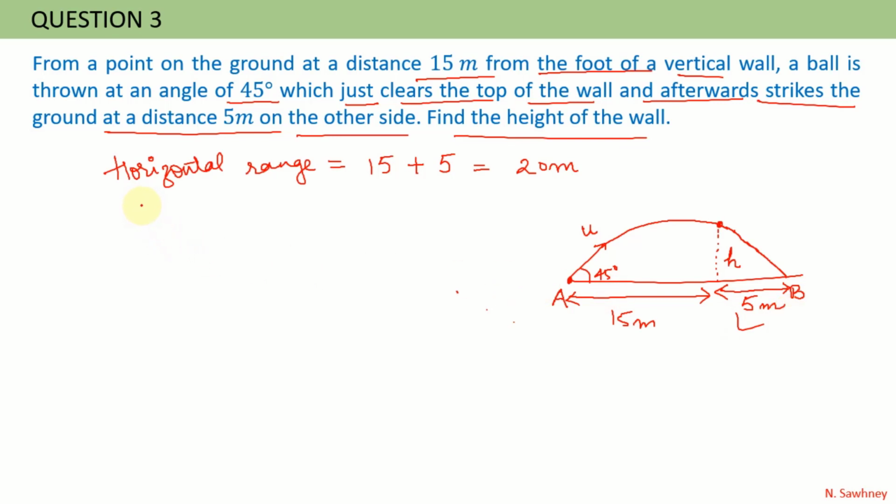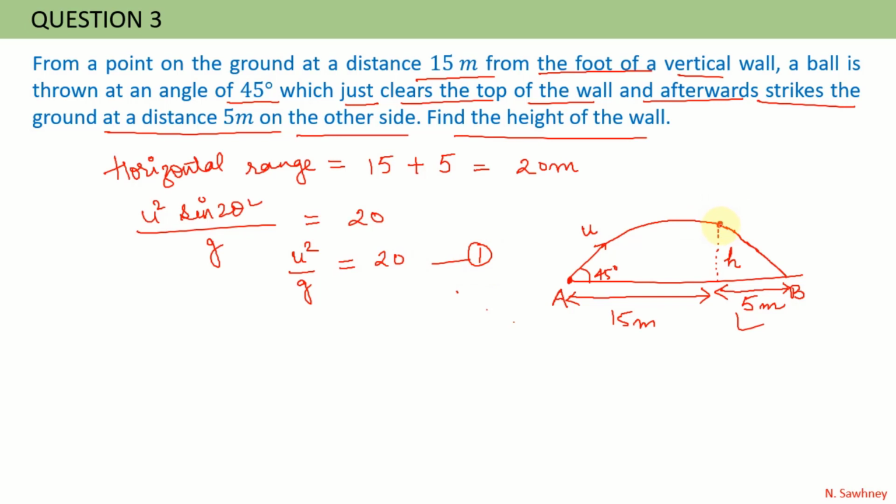So let us put the formula of the horizontal range. It is u square sine 2 theta by g, which will be equal to 20. Theta is already given to us as 45 degrees. So it will become u square by g is equal to 20. Mark it as equation number 1.